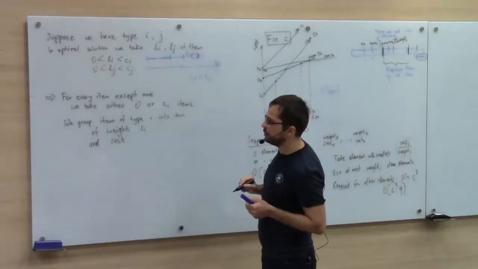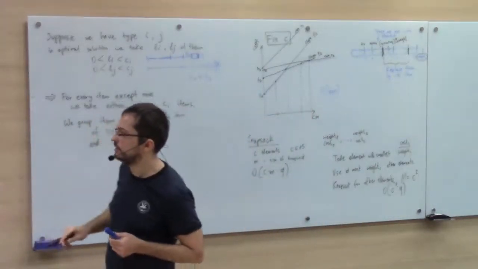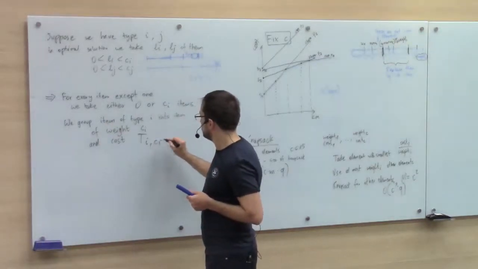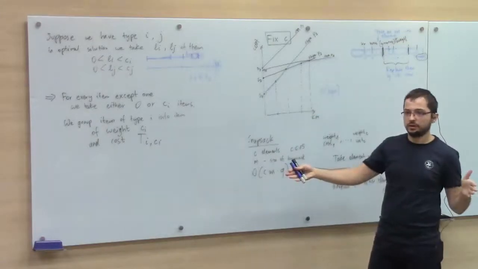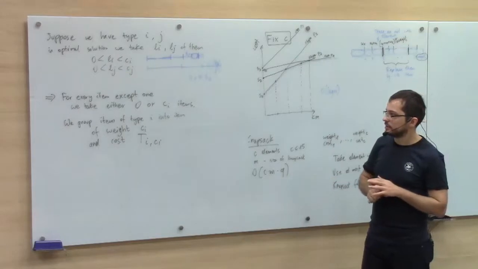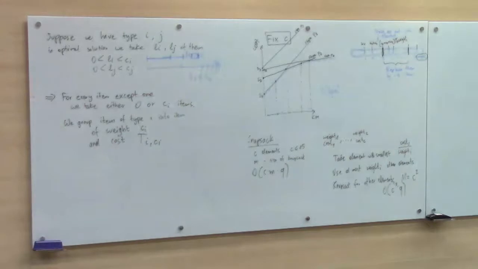Actually, the cost will be this sum we had here, so this will be the cost Ti Ci. This is the cost of assembling all of the elements of this type. So we do this grouping.